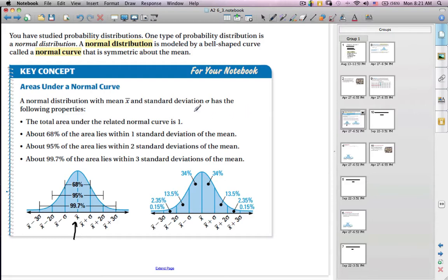But when you find the standard deviation, then you know that in a normal curve there's a certain amount of data that lies within one standard deviation of the mean, a larger amount within two deviations of the mean, and a larger amount within three deviations of the mean. 68% of all the data lies within one standard deviation of the mean.